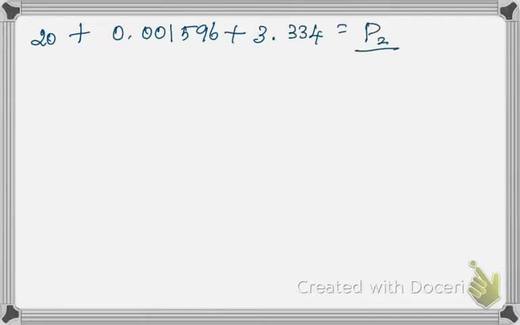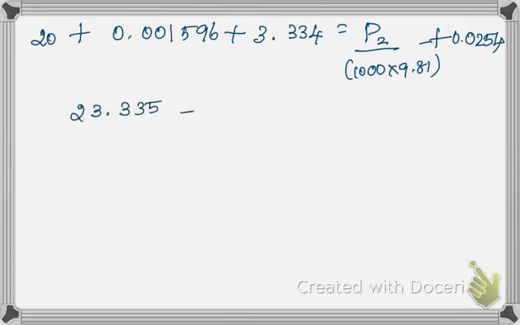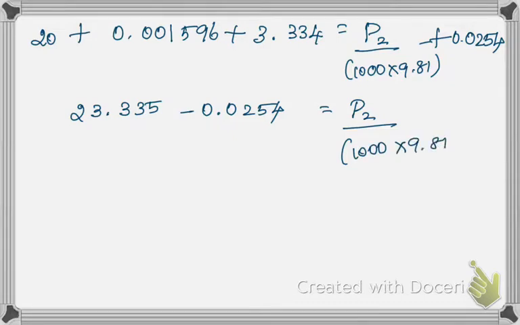So I will be getting 20 plus 0.001596 plus 3.334, which is equal to P2 by 1000 into 9.81 plus 0.0254. Now simplifying this, I will get 23.335 minus 0.0254, which is equal to P2 by 1000 into 9.81.